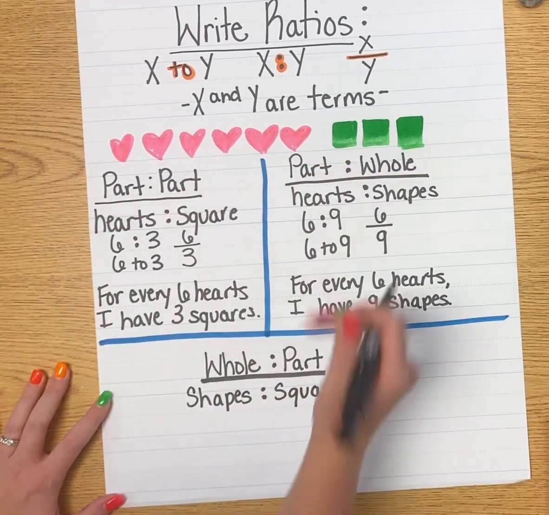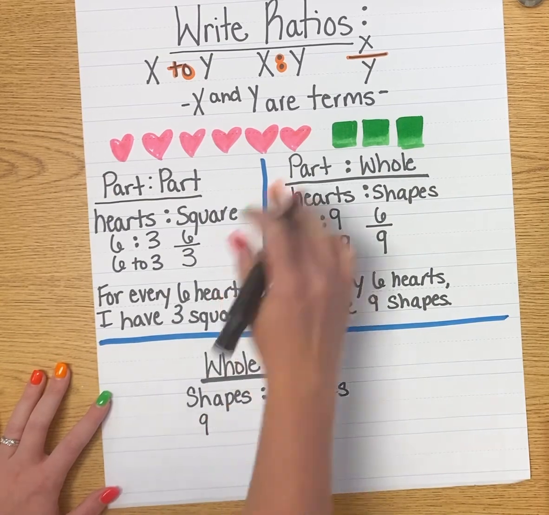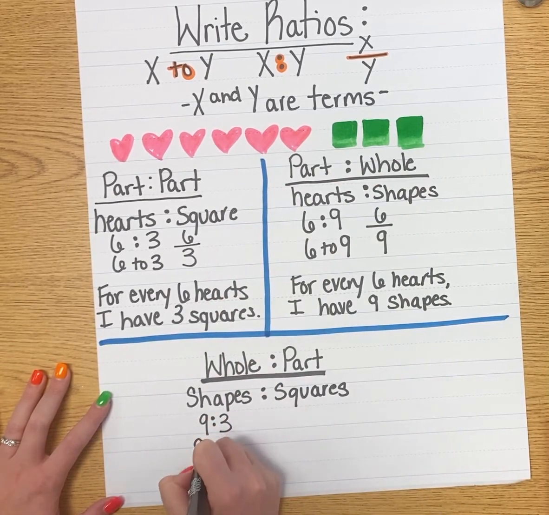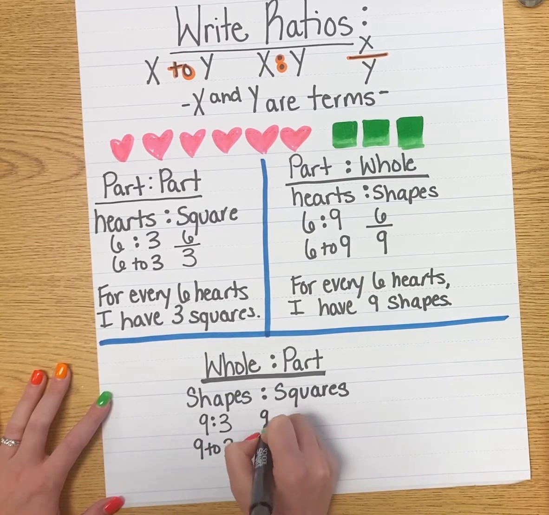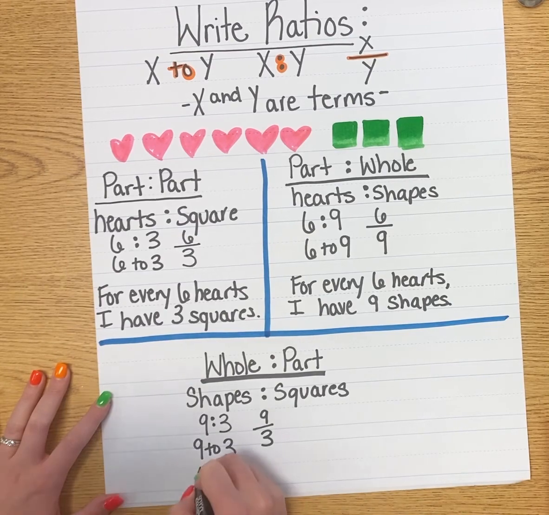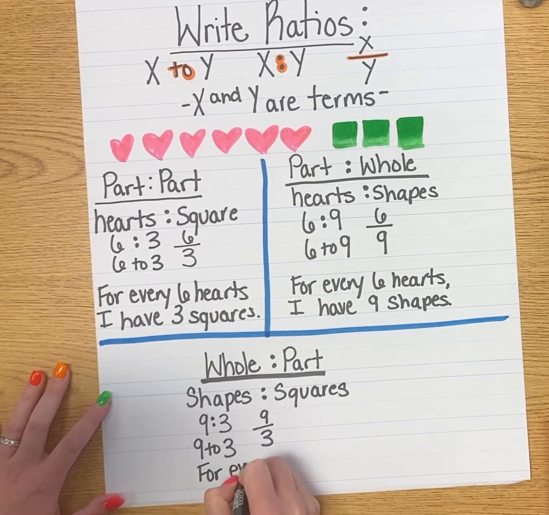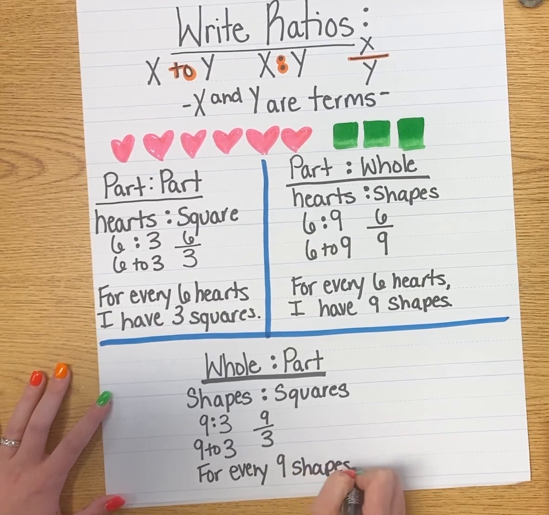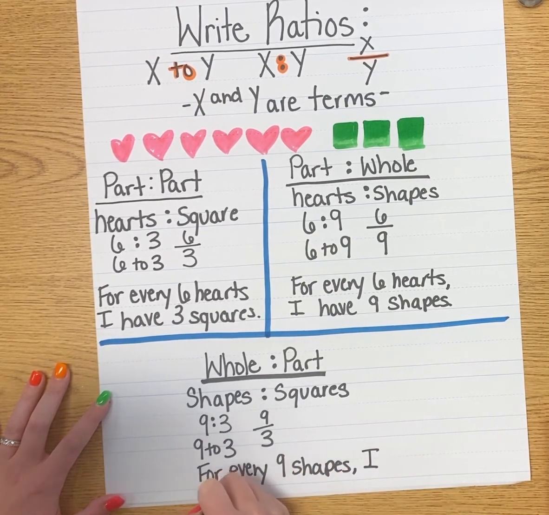So I have 9 shapes to my 3 squares. 9 to 3, 9 over 3. So for every 9 shapes, I have 3 squares.